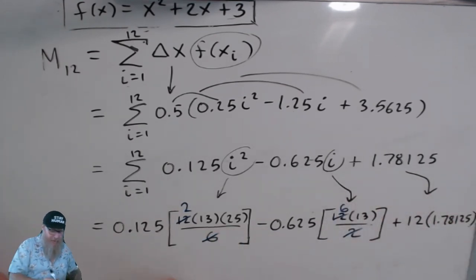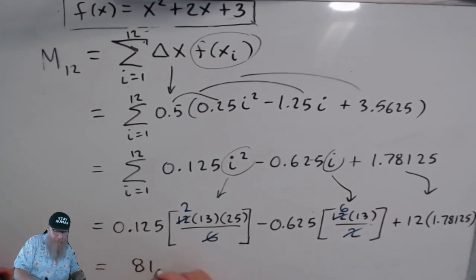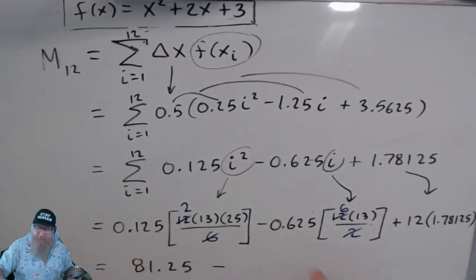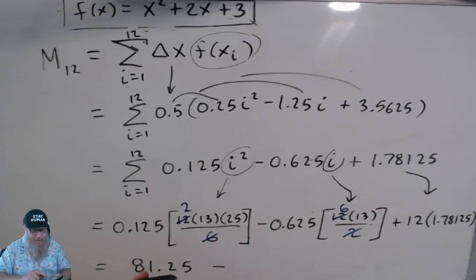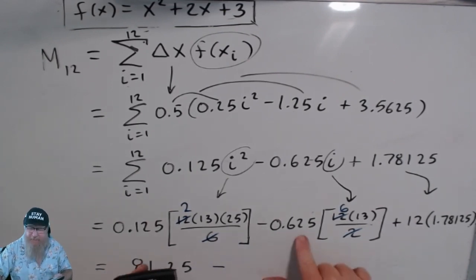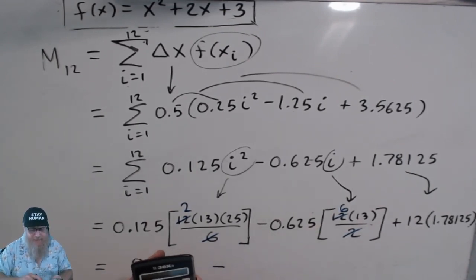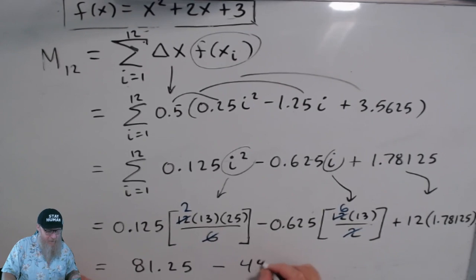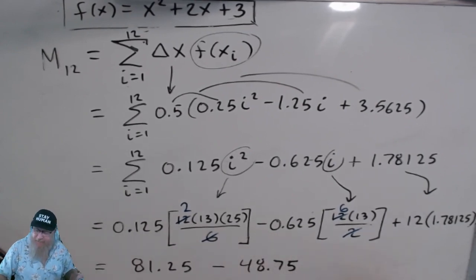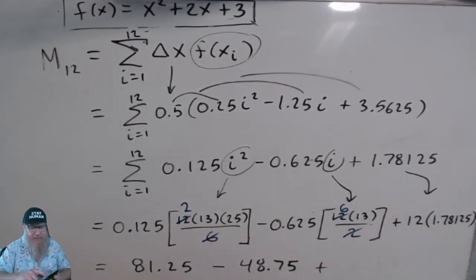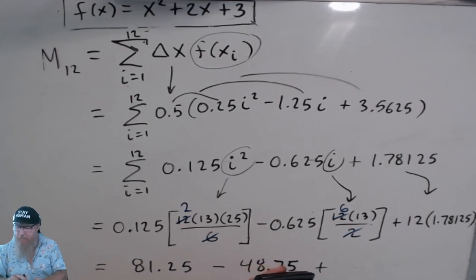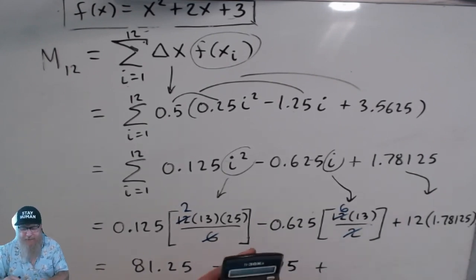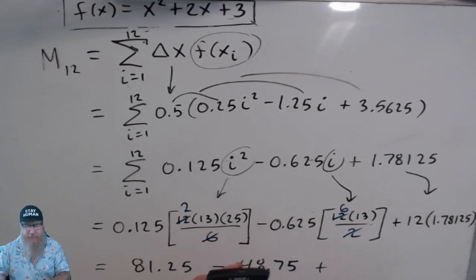Now that looks familiar. 81.25. For the next one, I've got 0.625 times 6 times 13. That's 48.75. And then plus the last term, 1.78125 times 12 is 21.375.